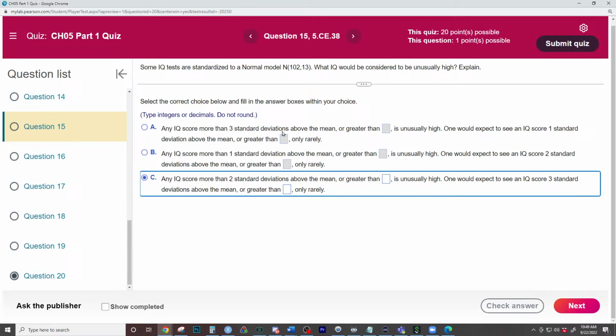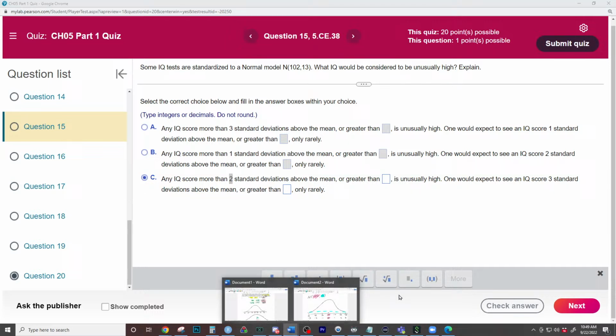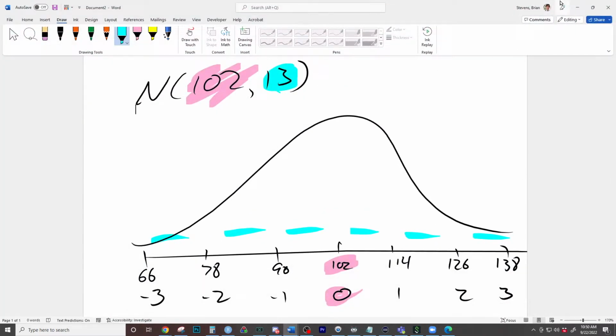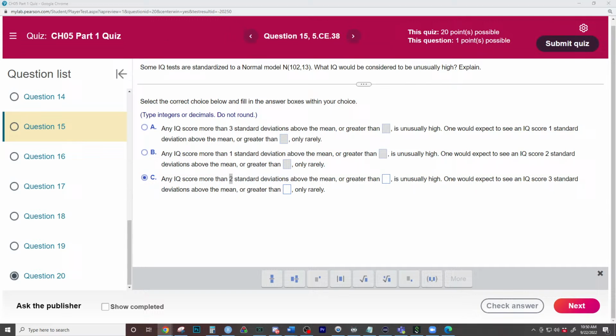So 2 standard deviations above the mean is what? How could you solve what a z-score of 2 is just using your knowledge and not looking at your graphic? If you drew the graphic, the answer's on the screen, but how could you solve for the context of a z-score of 2? How would you figure that out?